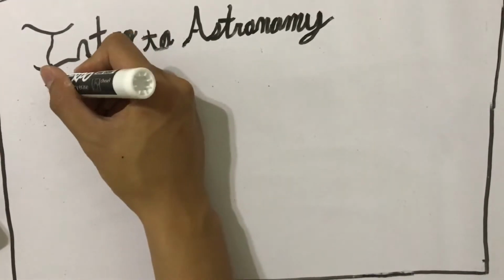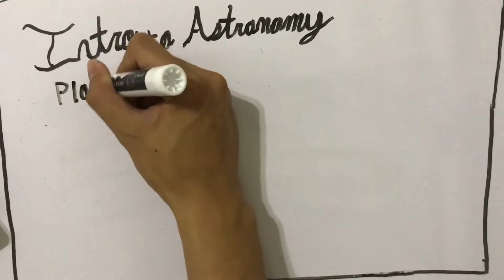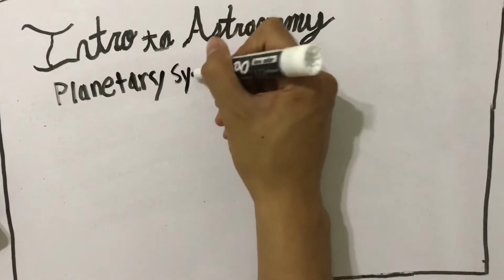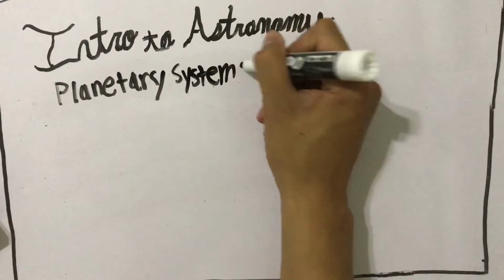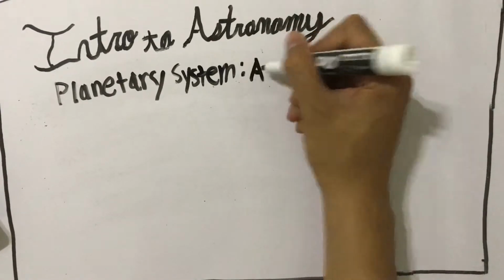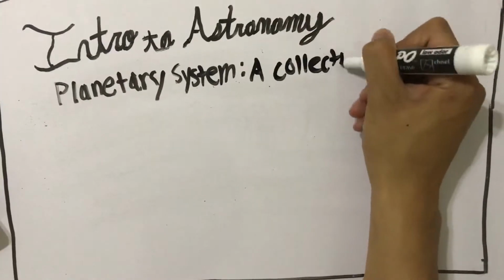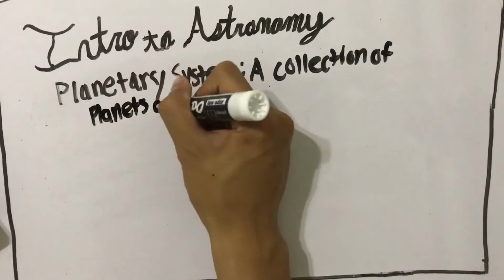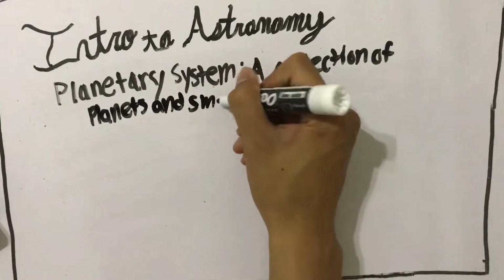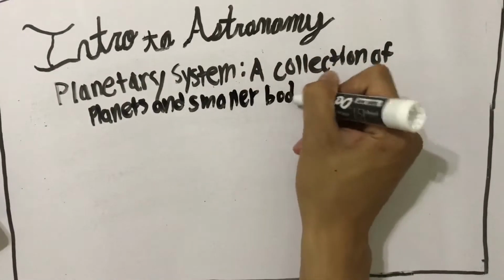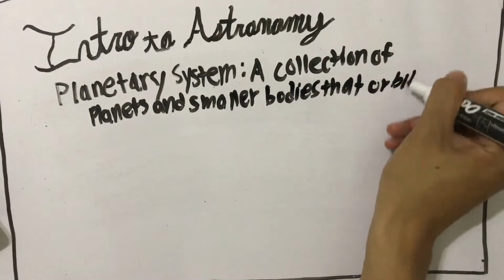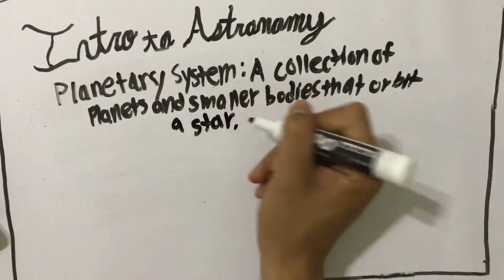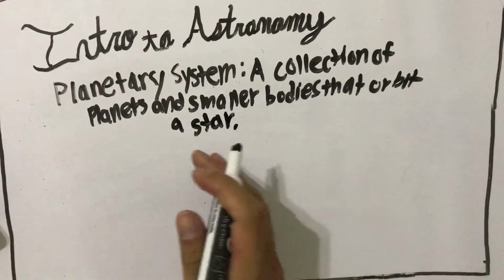The next definition we're going to clarify is called a planetary system. And as you guys know, a planetary system is also our solar system, and it's a collection of planets and smaller bodies that orbit a star. So this star in our case would be the sun, because we're basically called the solar system.